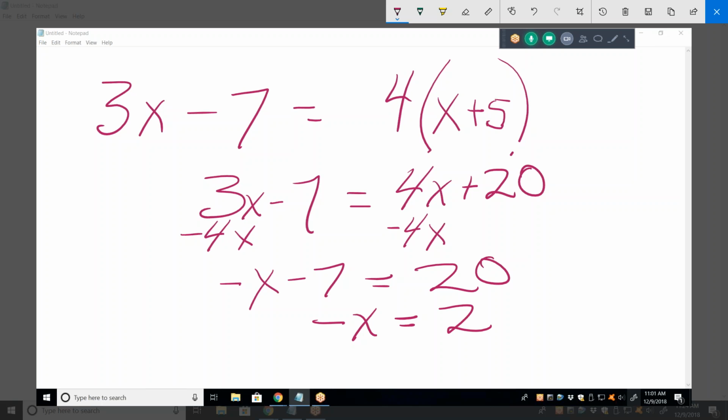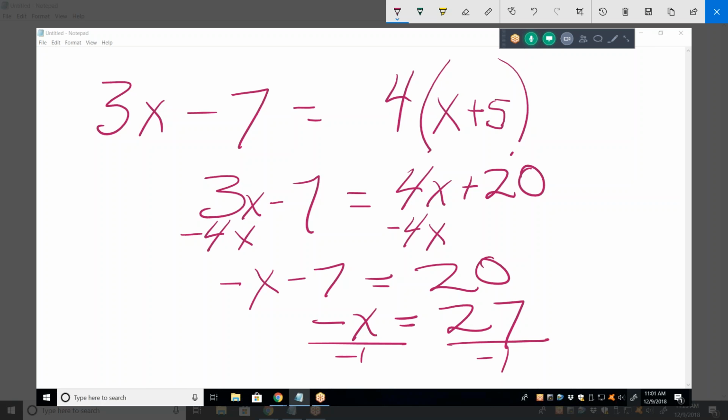27. Okay. Now, we're trying to solve for x. We're not trying to solve for negative x. So what's the last step I've got to do here? You've got to divide by negative x. No, by -1.